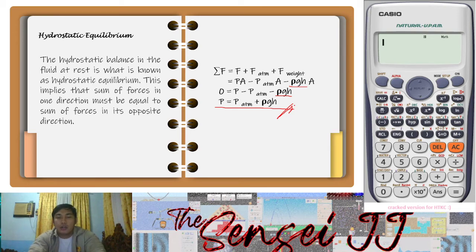We just transpose the atmospheric pressure and the rho gh to the other side. Those two became positive, and nothing is in the negative side. So P is equivalent to atmospheric pressure plus rho gh.